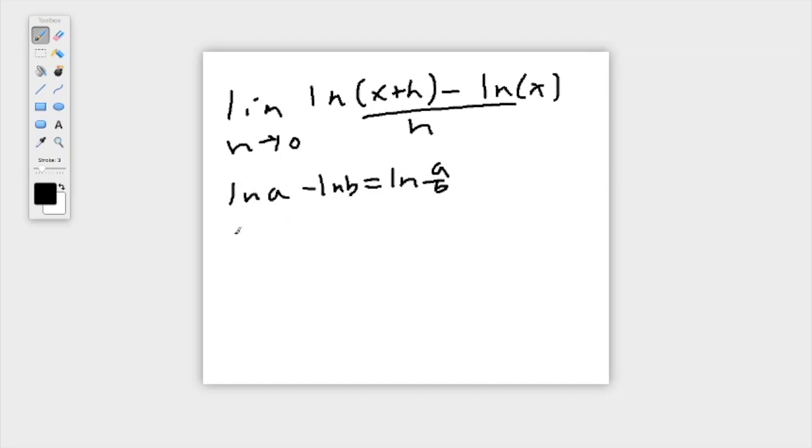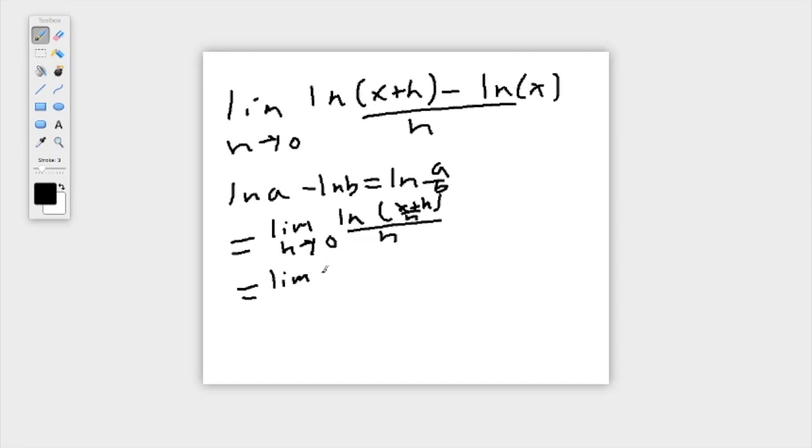So this would be the same as the limit as h approaches 0, ln of x plus h over x, and then that's still over h. And then I'm going to change it so it reduces.